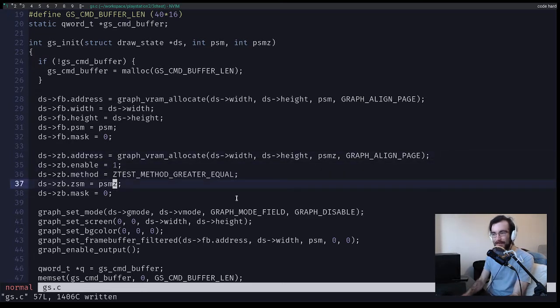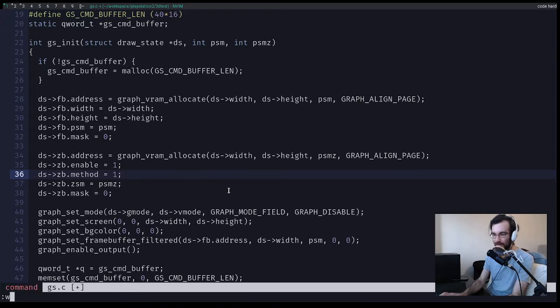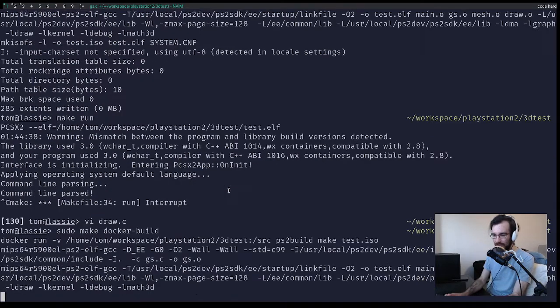We're definitely setting the depth buffer width. That's important. That's good. Z-test. So I guess what's the difference between Z-test method greater equal and Z-test method all pass? If I set this to 1, how different does it look?